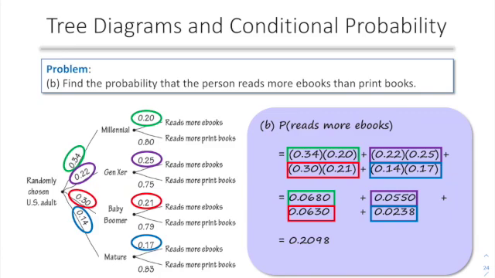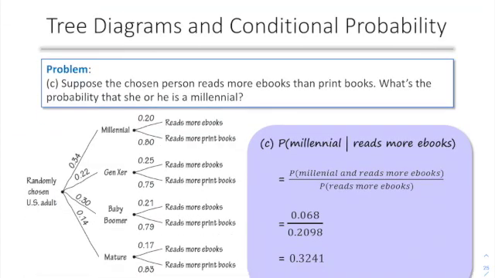We would find each of those products, the 20% of the 34%, the 25% of the 22%, the 21% of the 30%, and the 17% of the 14%. Find all of those products and add them together, because all four of those scenarios are about people reading more ebooks than print books. So our final probability is 0.2098. So approximately 21% read more ebooks than print books.